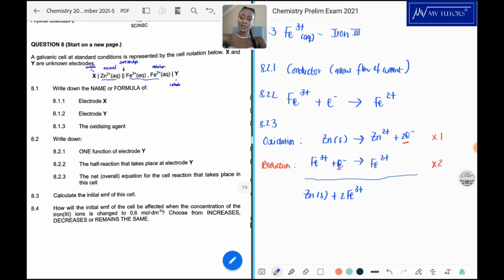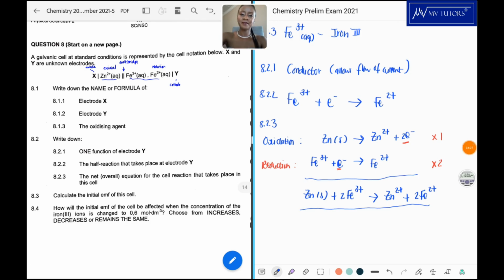Then it goes all the way to zinc 2 plus, and I multiply the iron 2 plus by 2. So that is the net equation for the cell reaction that takes place in this cell.